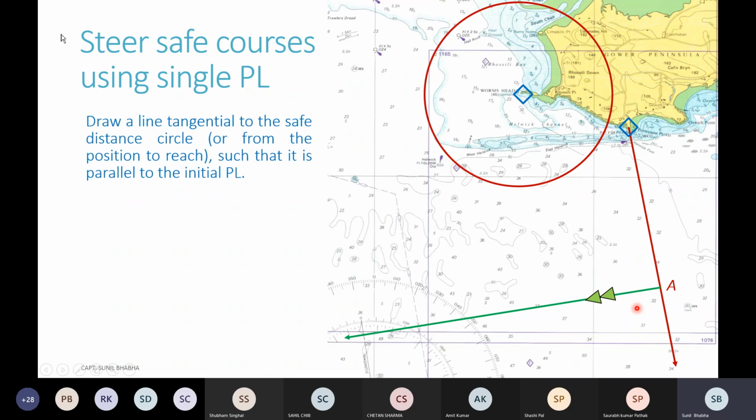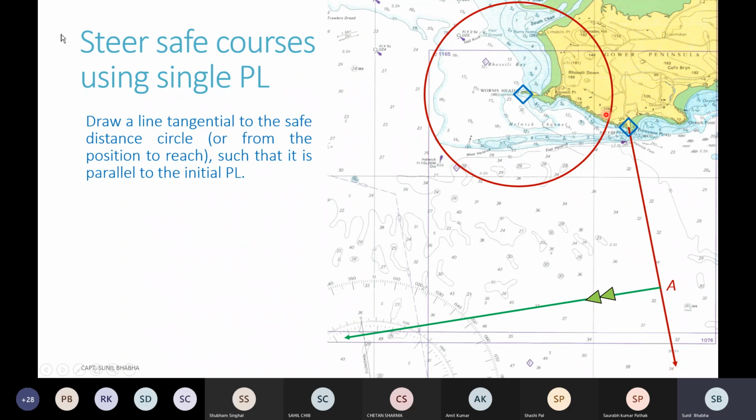Now in the next step, we have to draw a tangent to the safe distance circle. We can see the safe distance circle plotted on the chart, centered on the worm's head point. Now we have to draw a tangent to this safe distance circle. There are an infinite number of tangents which can be drawn. What tangent are we interested in? We need a tangent to this safe distance circle which is parallel to our initial position line.